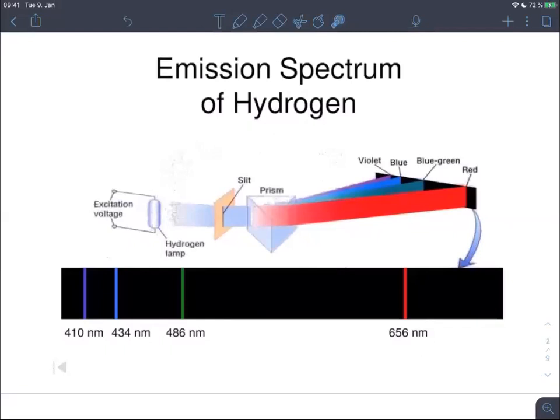So here we have a hydrogen lamp, and we are getting the color spectrum after light passes through a prism or through a diffraction grating. Light disperses, and this is the result.